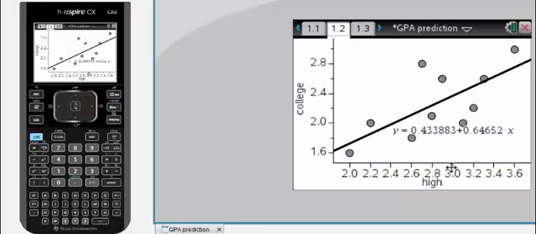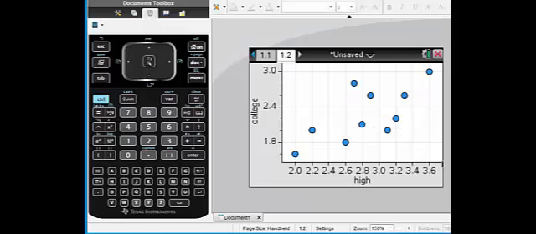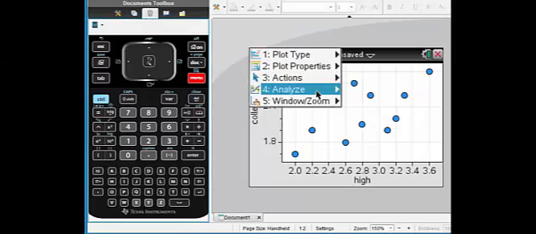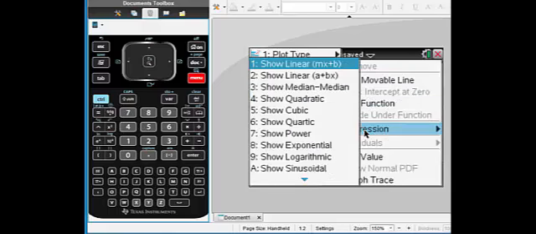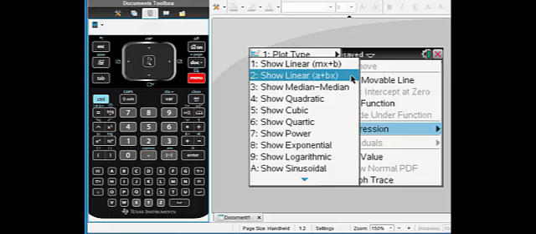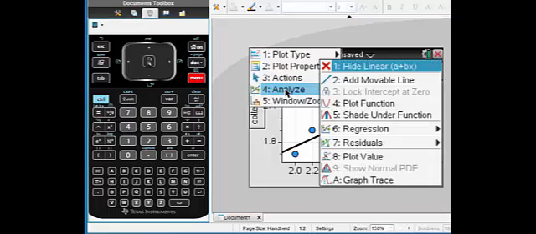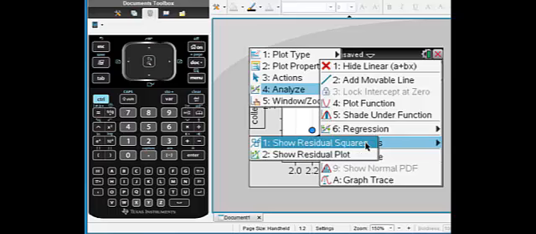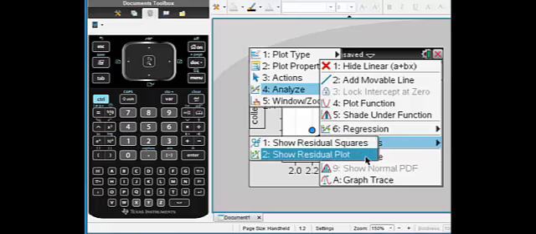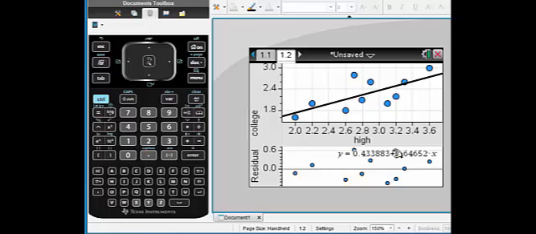But instead of college up top, we're going to have residuals up top. Remember, the residuals are supposed to be at 0. This is the mean.